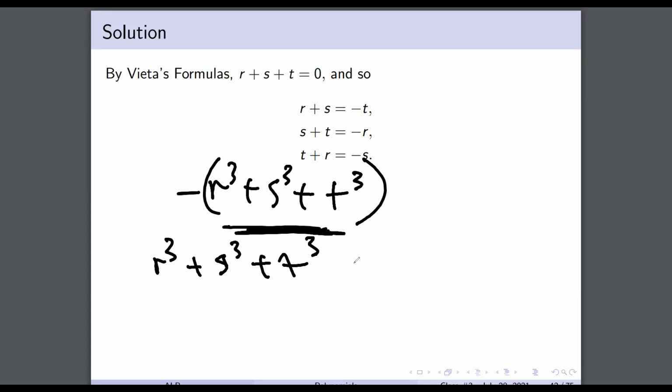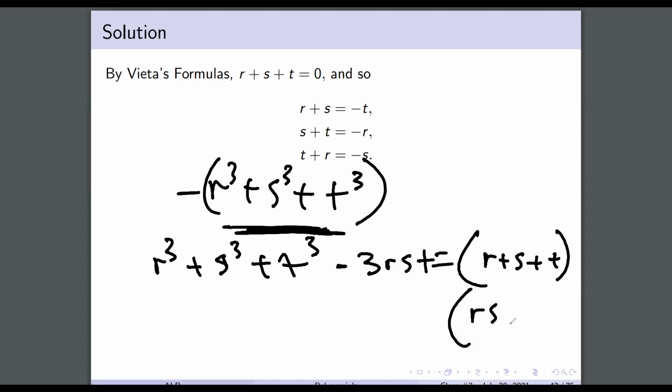There's a nice factorizing trick that we like to use that involves r cubed plus s cubed plus t cubed minus 3rst, which equals r plus s plus t times r squared plus s squared plus t squared minus rs minus rt minus st.